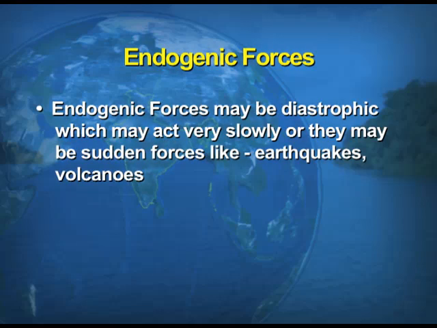Now, we take up endogenic forces. They may be diastrophic, which may act very slowly, or they can be sudden also. For example, the volcanic eruptions or the earthquakes which take place are the diastrophic changes.